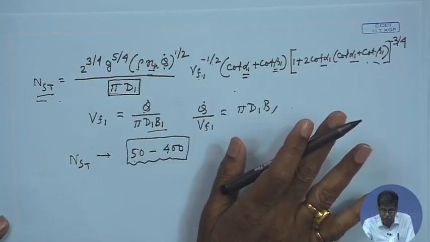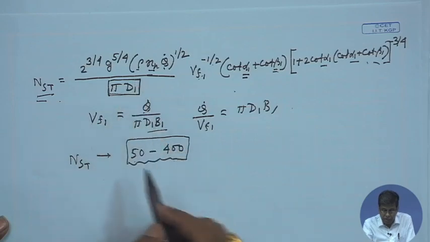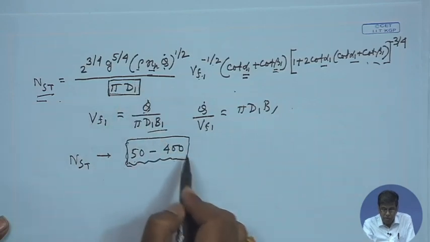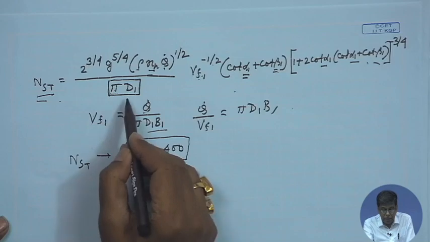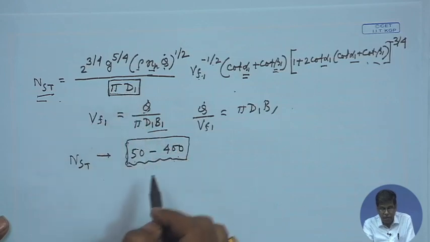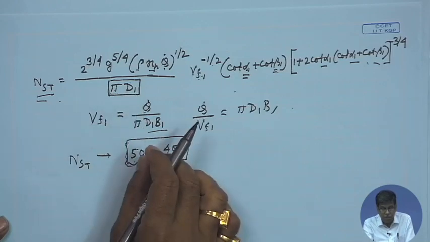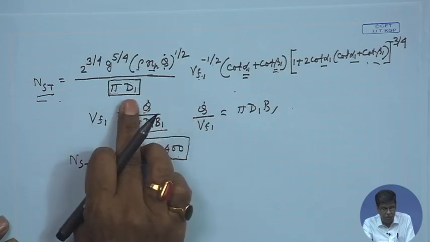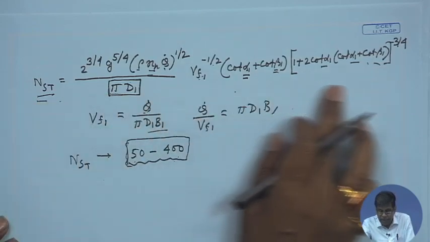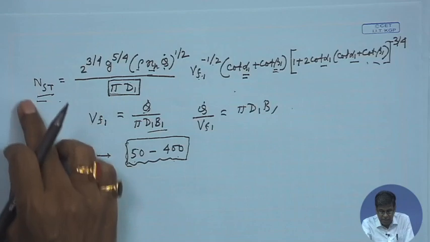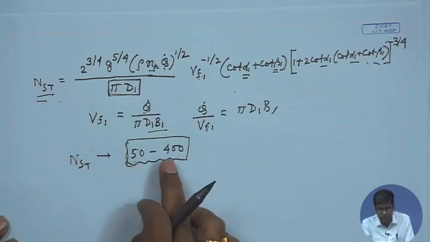So, with these values, if you put here, the NS will come as 50 to 400, but if you choose a value of D1, otherwise if we know the specific speed, we can find out the value of D1. So, this is one guiding equation for designing the turbine for a given specific speed.